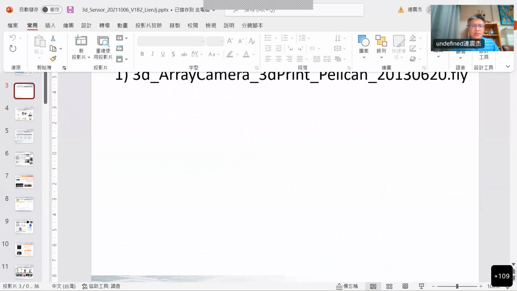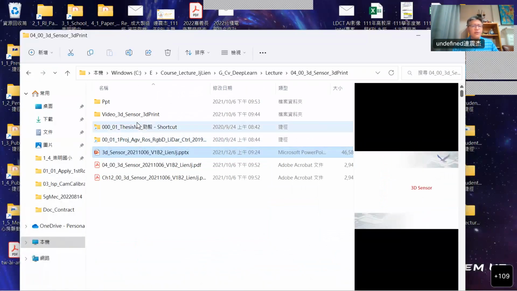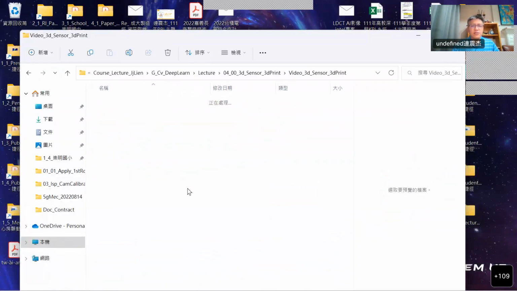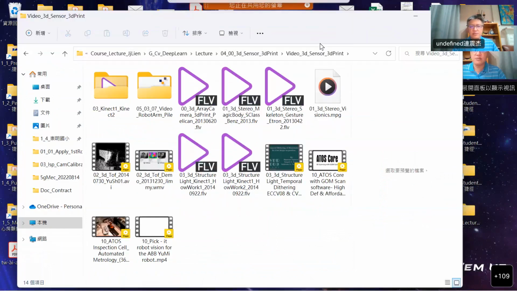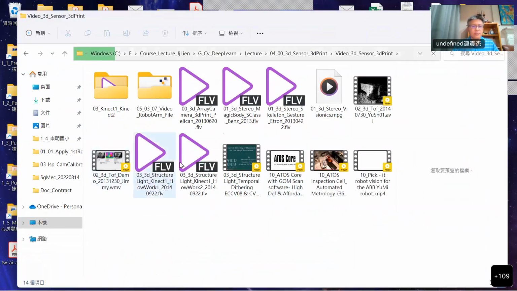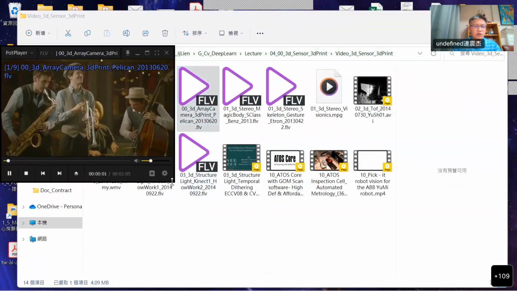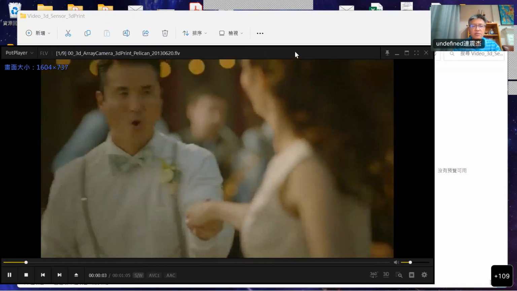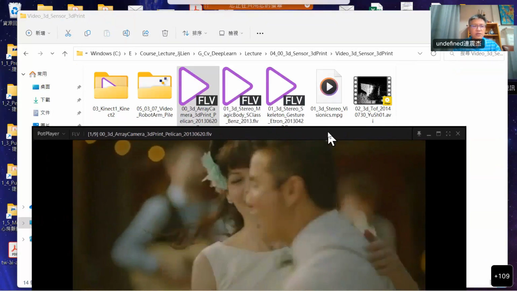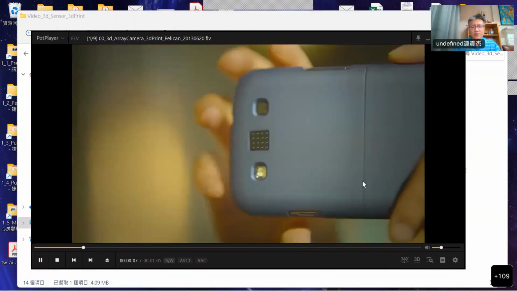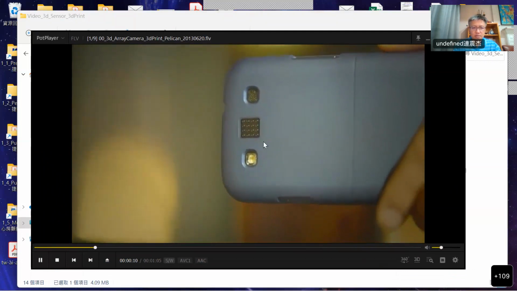So this is some example for the 3D. We see some examples first. This is long time ago. Nokia wanted to do this one, this array.